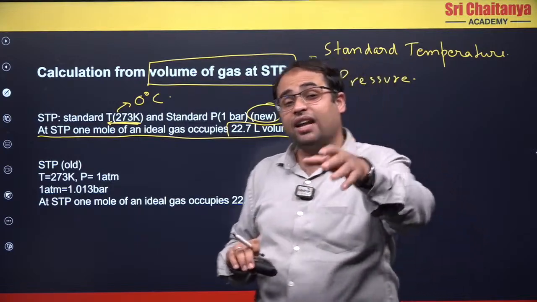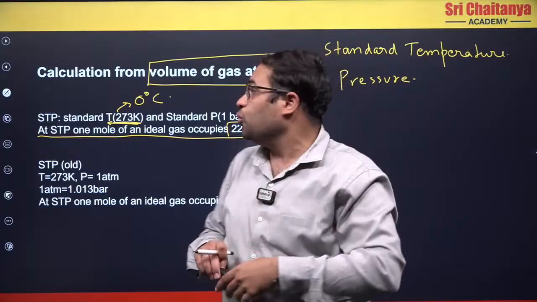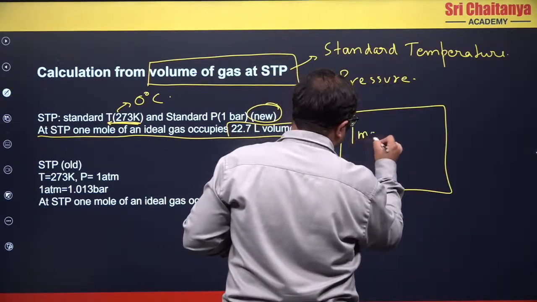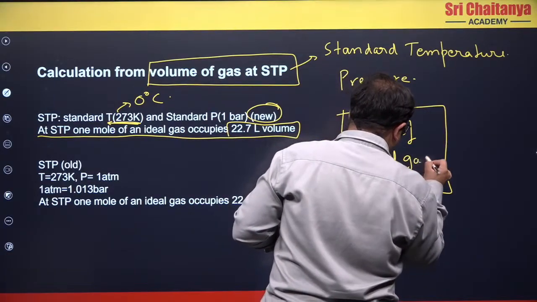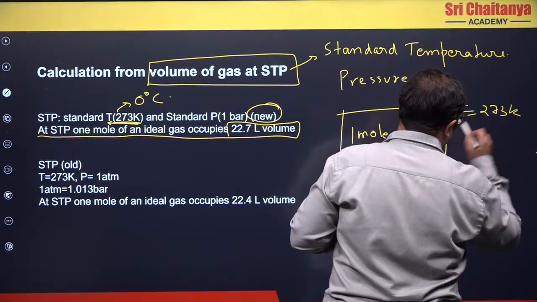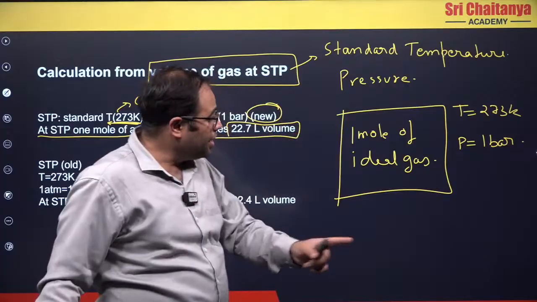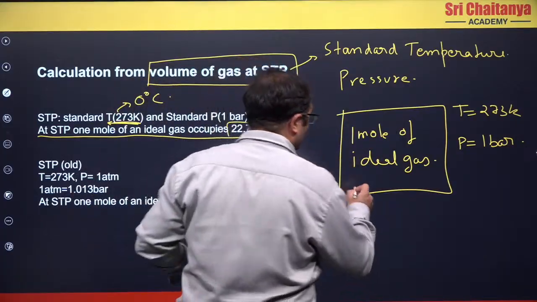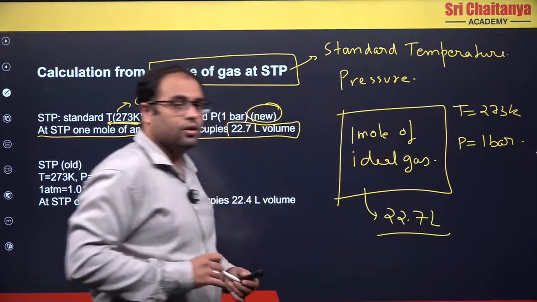So at standard temperature, 0 degree Celsius, and at 1 bar pressure, if you have a beaker and you take 1 mole of ideal gas at a temperature of 273 Kelvin and at a pressure of 1 bar, then the volume occupied by this gas will be 22.7 liters, right?